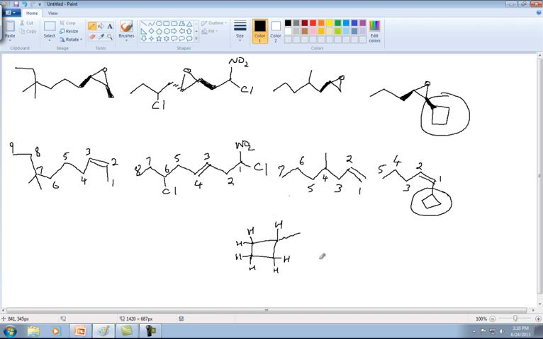So the cyclobutyl is a group. That's not to be confused with cyclobutane, which is a compound which has 8 hydrogens, unlike the previous one, the cyclobutyl, which has 7.